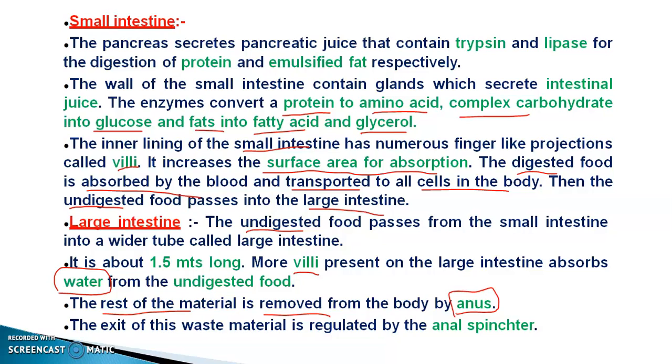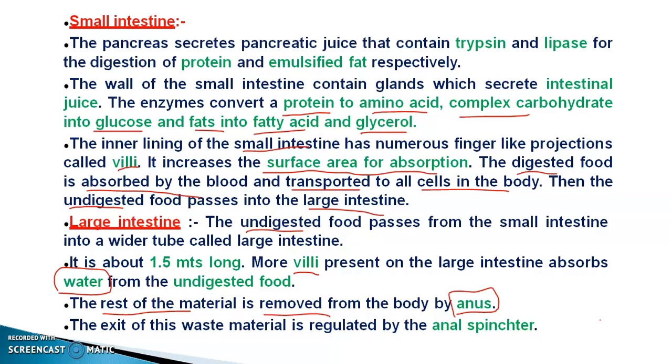Complete means that when any living organism has different points for the entry of food and the ejection of food, such type of digestive system is known as a complete digestive system. Now this anus has an anal sphincter, and this anal sphincter regulates the exit of waste material from the body.